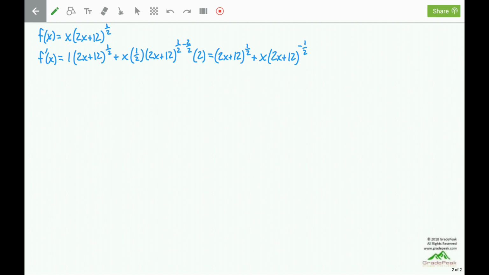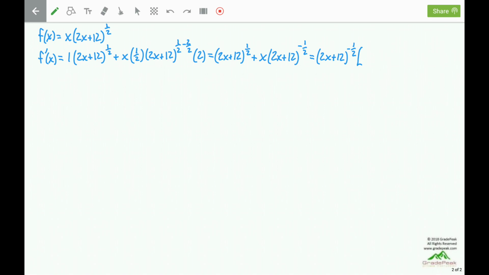We want to fully factor the first derivative. There is a common factor of a power of 2x plus 12. We can factor out the lower of the two powers. That'll be the negative 1/2. It's lower by being negative. So we can factor out 2x plus 12 to the negative 1/2 power. Factoring is division, and division is subtraction of exponents.